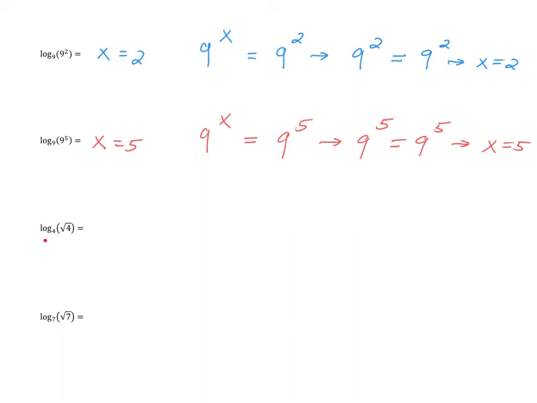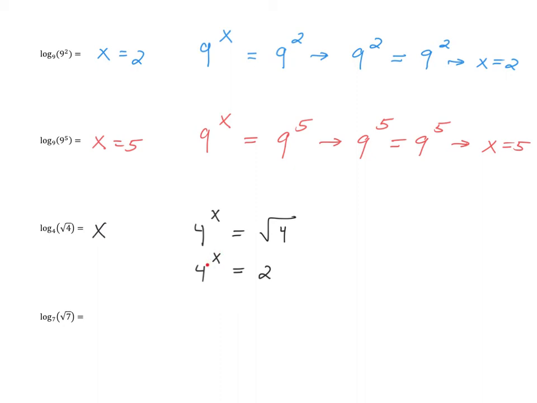Something like this: log base 4 of the square root of 4. This one looks strange too, but one thing to point out is that here I have 4, which is the base, and it's also within the logarithm. So I'll call this x. 4 to some power should equal the square root of 4. And really, the square root of 4 is 2.